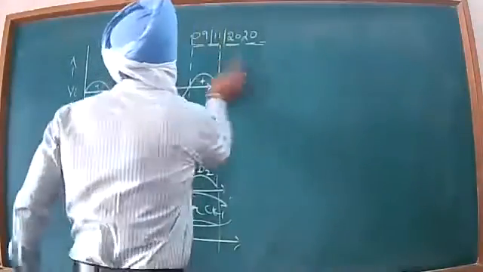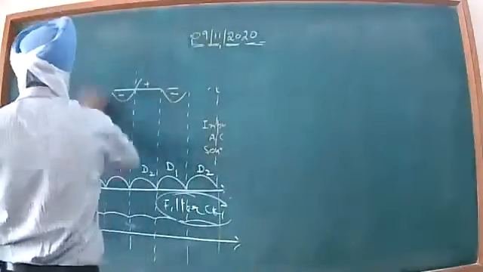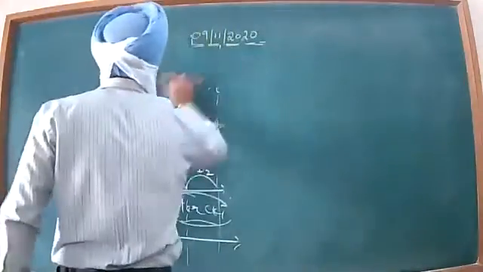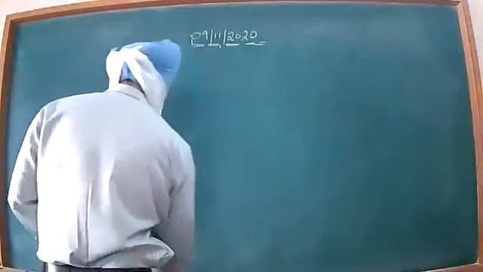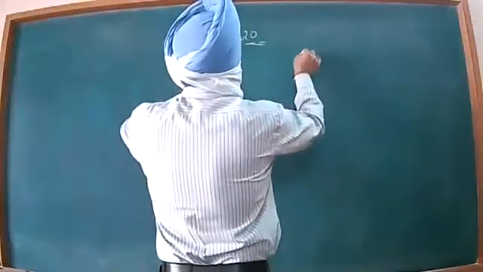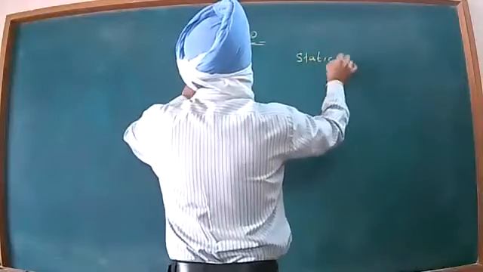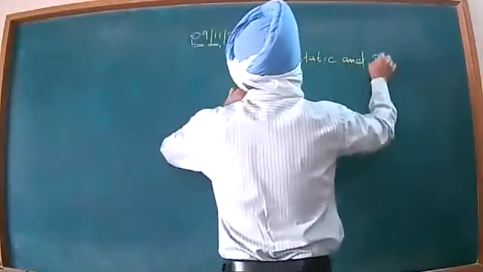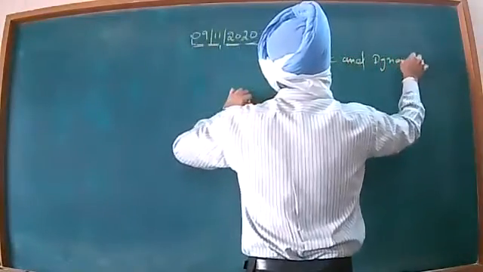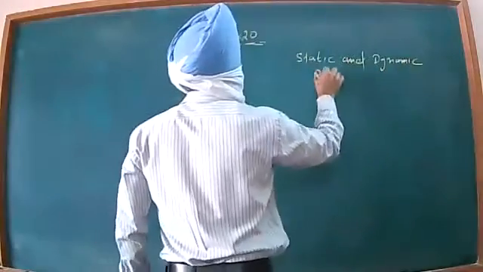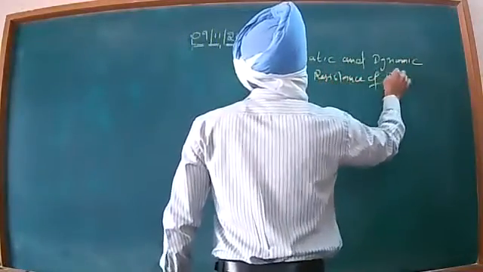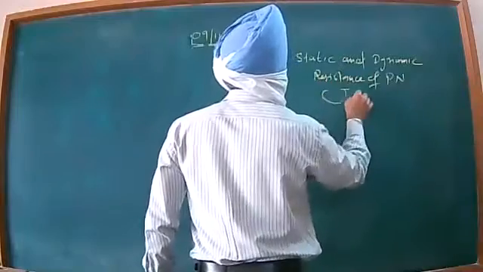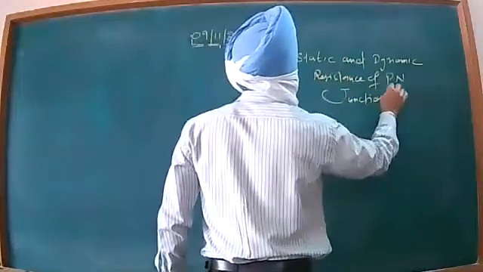Let me have 1 or 2 minutes devoted on that part. Then we will be coming to the other types of the diodes. So this is static and dynamic resistance of PN junction diode.